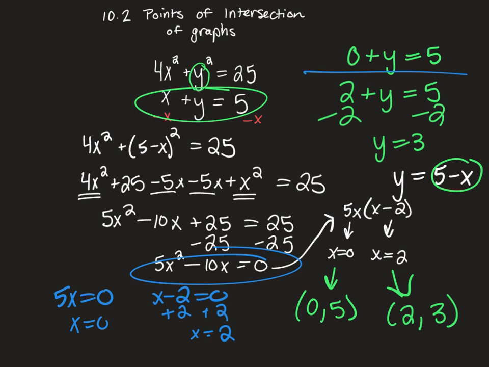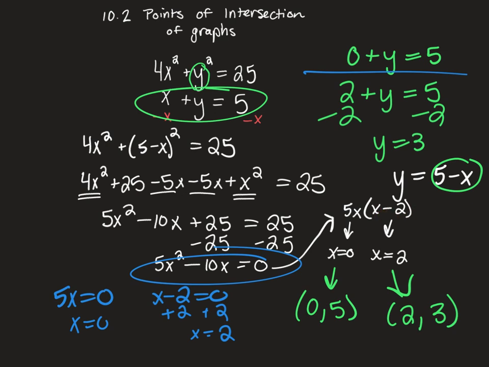Look, we have to find where this equation is equal to 0, right? When you're multiplying anything and get 0, one of those things has to be 0. So either 5x is going to have to be equal to 0 to make the whole thing 0, or x minus 2 is going to have to be equal to 0.